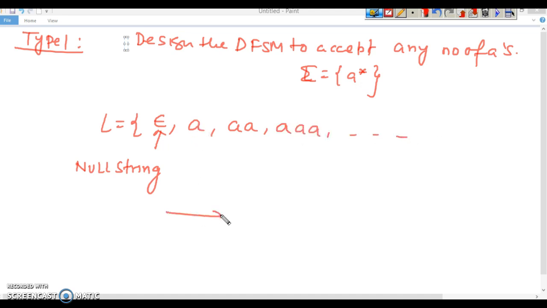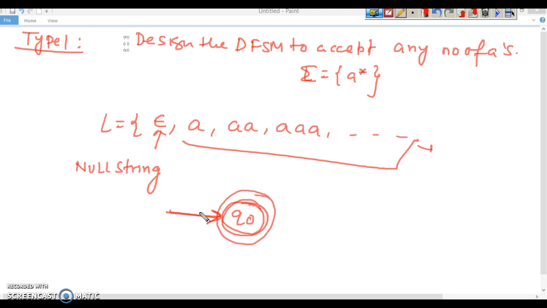So we'll start with the start state Q0, because this arrow mark represents the start state. And if I give no input, this is among the languages this machine should accept. So if I give no input, the machine should still accept, so I will make this also a final state. Then 1 A should be accepted, 2 also, 3 also.